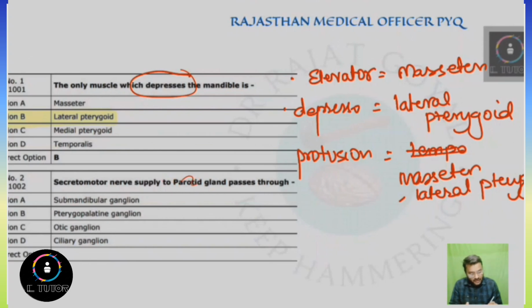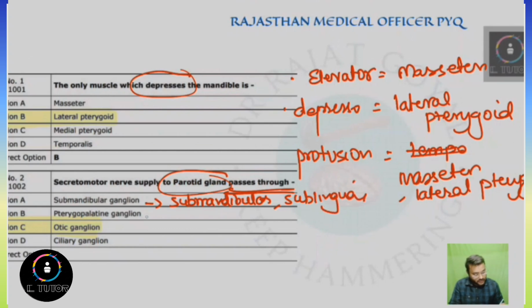Secretomotor nerve supply to parotid gland. So they are asking about different ganglia, and among the following options, otic ganglion is the one which supplies the parotid gland. If we talk about submandibular ganglion, then it will supply the submandibular and sublingual gland.